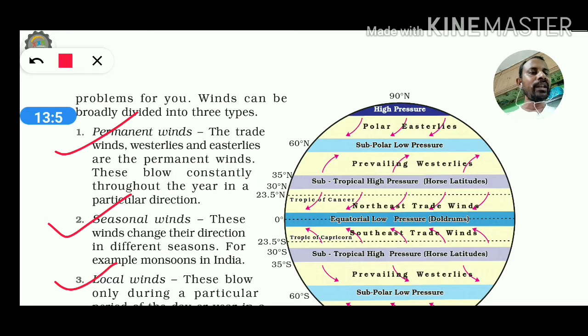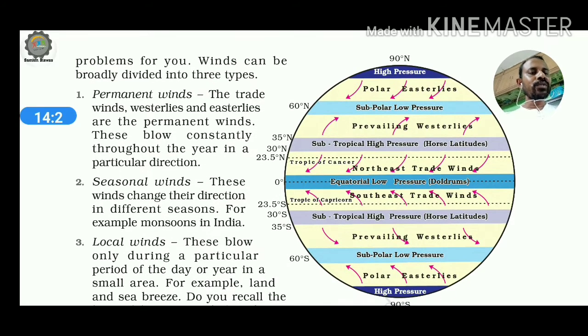So automatically we will see that from the region where air pressure is comparatively more, the wind usually starts blowing towards the comparatively low pressure region. That is why we can see the wind usually blows towards the equatorial region.